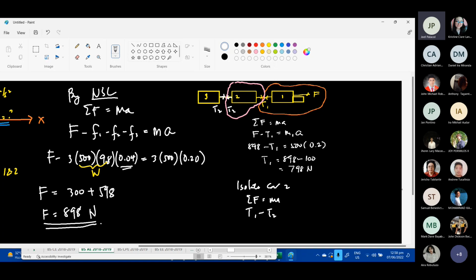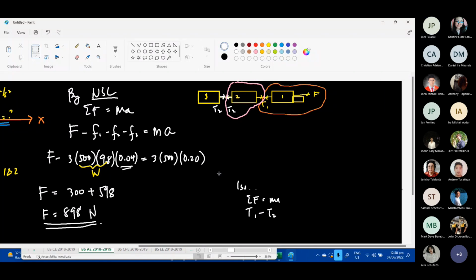Sorry. Okay, I forgot something here. I think I have to change this. Let us go back to car 1. What is wrong about our solution in car 1? Can you tell me what is missing in our equation involving car number 1?